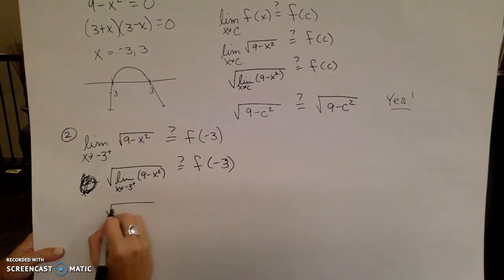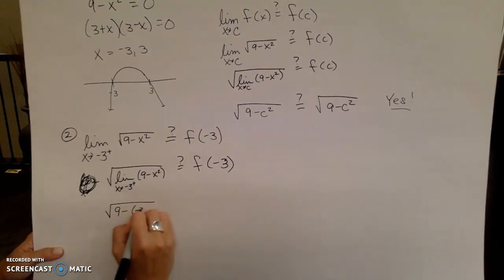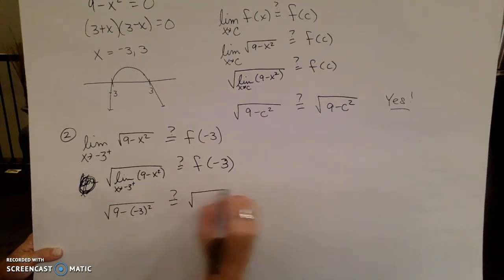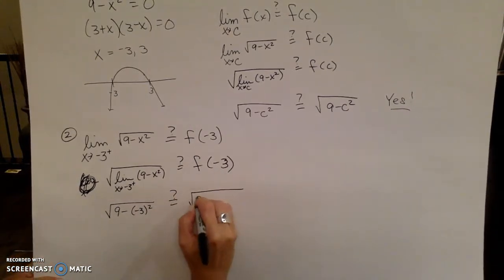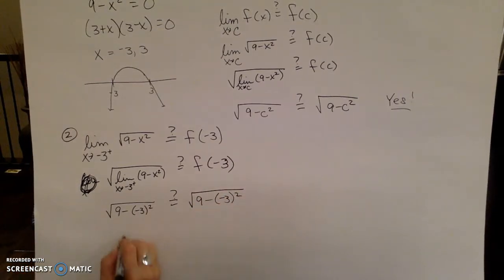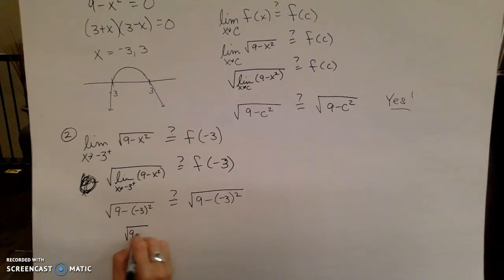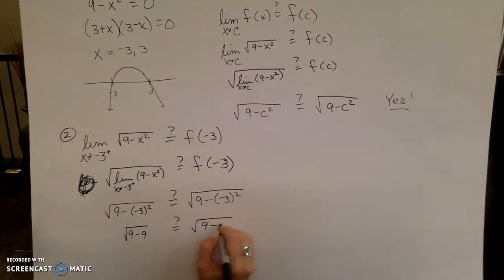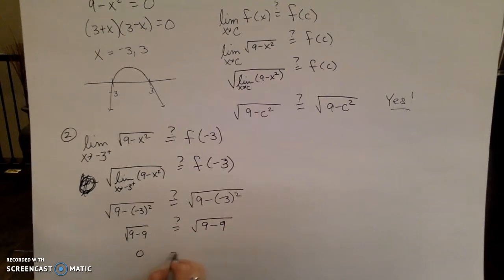Well, this is going to be the square root of 9 minus -3 squared. The value f of -3 is the square root of 9 minus -3 squared. And you can see we're going to get the square root of 9 minus 9. The same thing we're going to get over here. 0 equals 0. Yes. Okay.